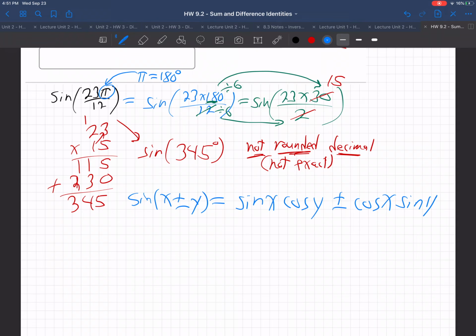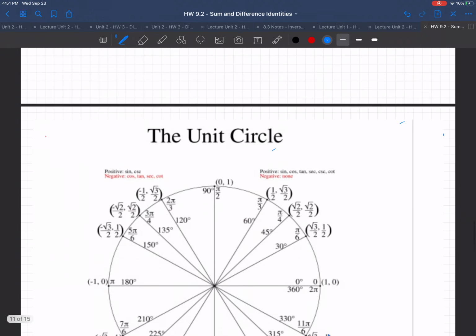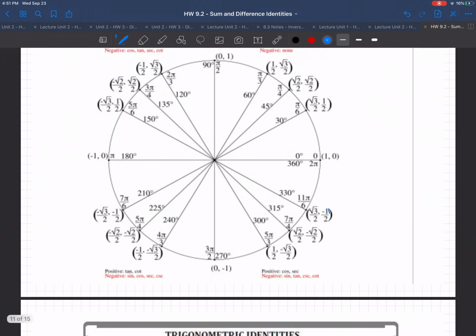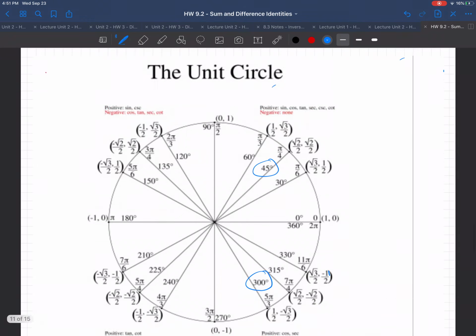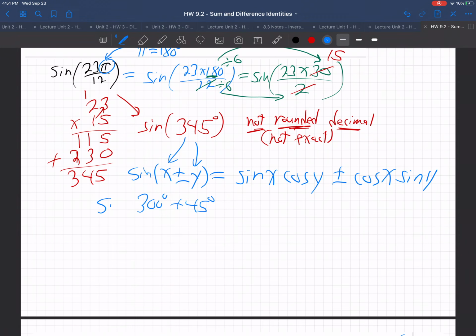Okay, so that means if I can write the 345 somehow as two angles added or subtracted, then I can do it. What do you think? Can we do like 300 plus 45? Would that work? Do we know 300? Oh yeah, 300 is one of our angles, and of course 45 is. They're both on the unit circle, so that's great. Let's just do that. So let's just say, well, 345 is 300 plus 45.